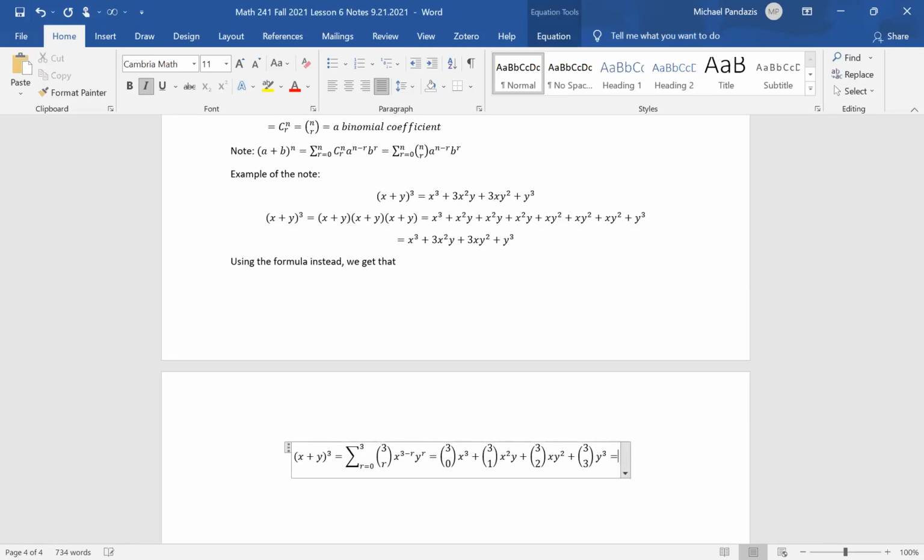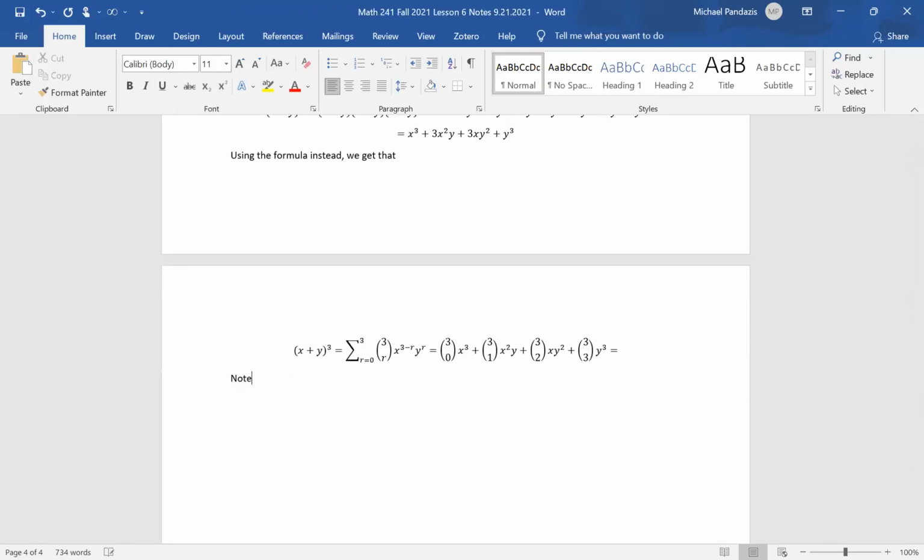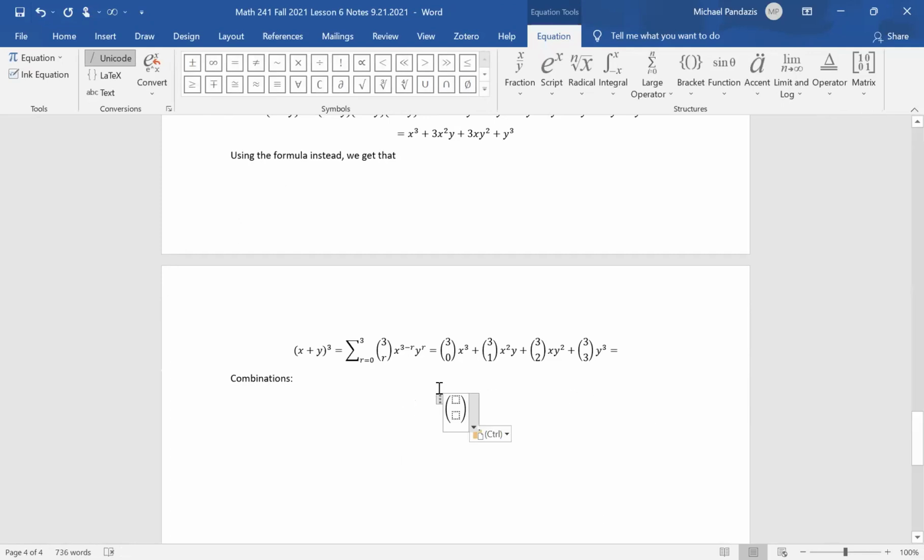And so then this is equal to 3C0. Class is going to end any second now, so I'm just going to quickly do this. I didn't tell you how to calculate these yet. I'll just tell you 3C0 is equal to 1.